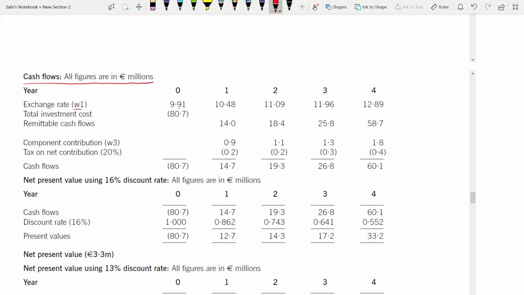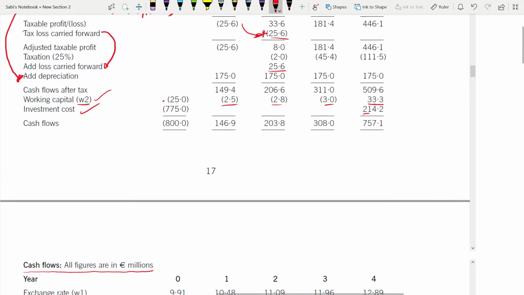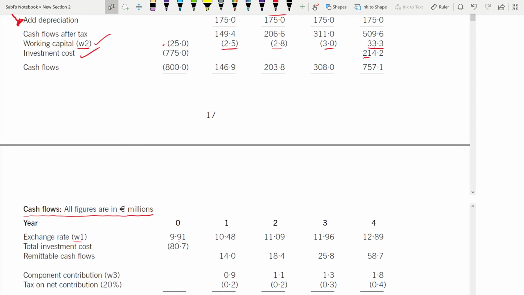So now total investment cost. What are you converting? If you see here for year 0, it is the total investment cost.